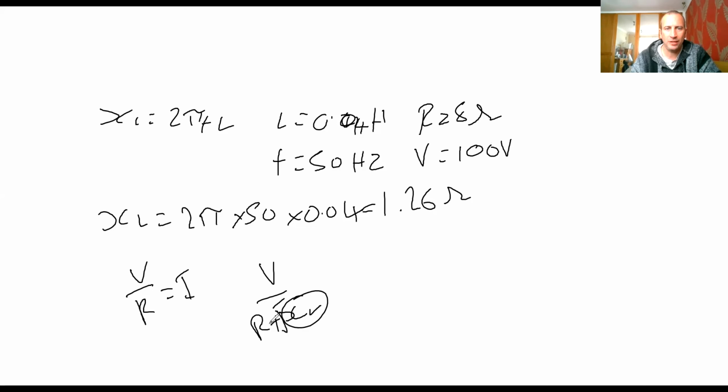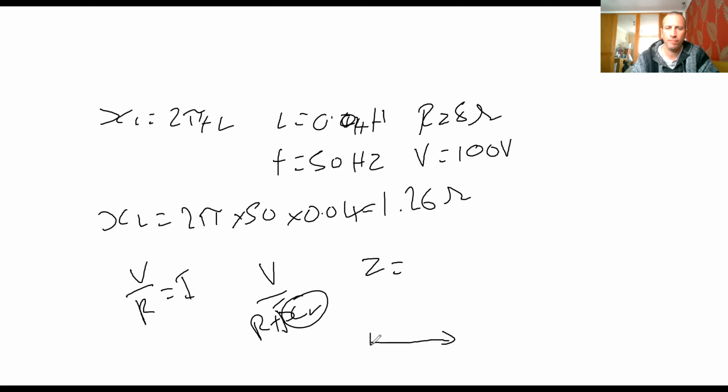So if we can't add these two together, how can we find a total impedance value? Our total impedance we call Z, and we calculate it exactly the same as you would with a triangle. If you remember, our resistive value is on the 0 degrees line. Our inductance, we've written 1.26, that's on our 90 degrees shifted line.